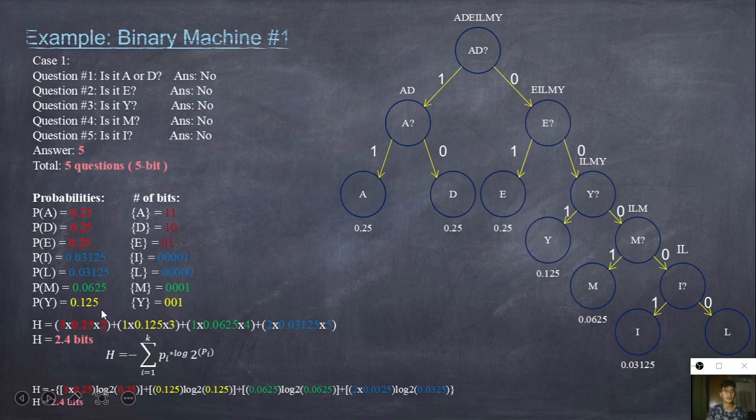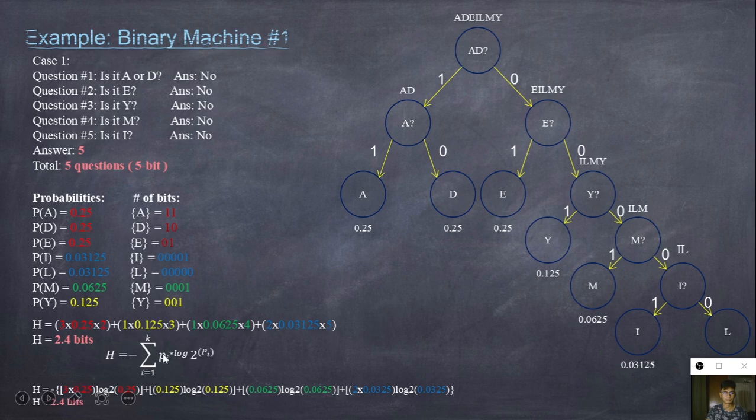The same goes for the other terms, for Y with 0.125 and 3 bits, and for the rest. So it results in 2.4 bits for its entropy.